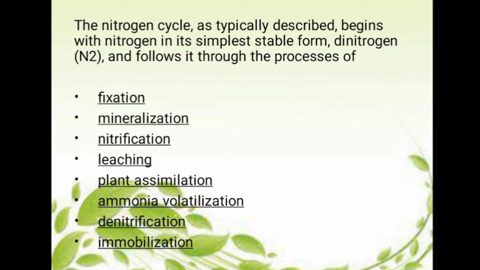Ammonia is formed in the soil by the decomposition of plants and animals and by the release of animal waste. Next is denitrification. This is the reduction of nitrates to gaseous nitrogen. The last is immobilization. It refers to the process in which nitrate and ammonium are taken up by soil organisms and therefore unavailable to crops.